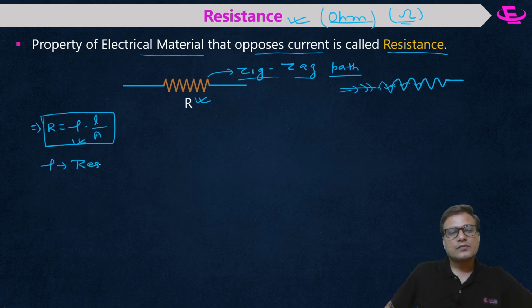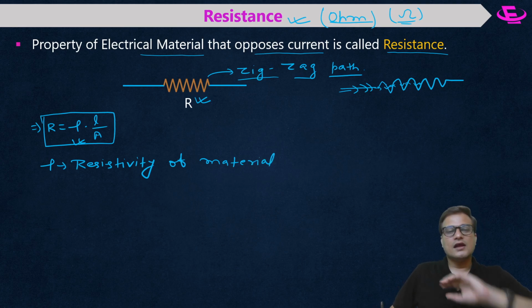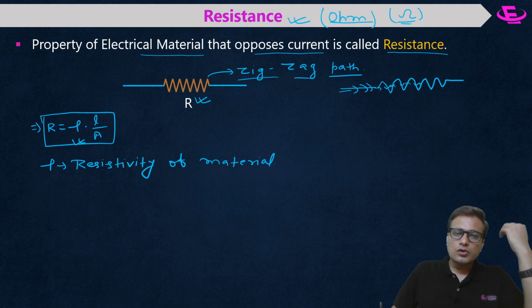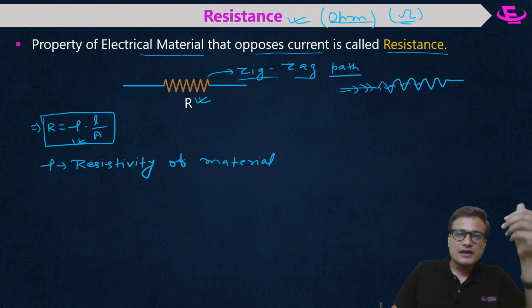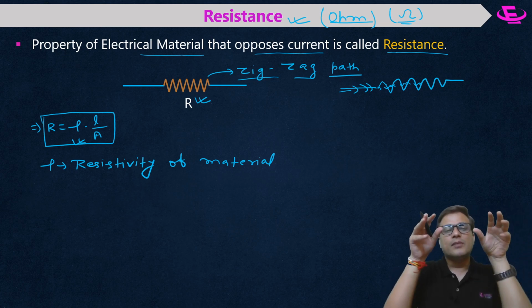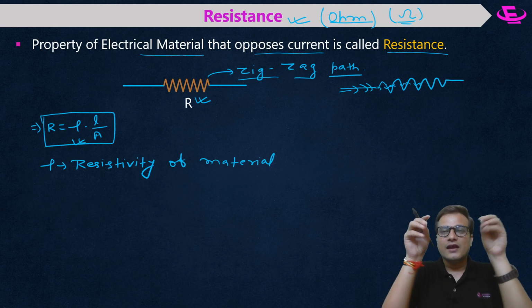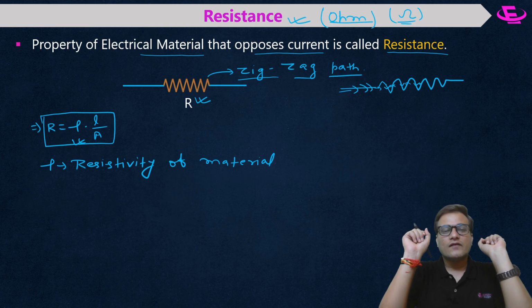Rho is called the resistivity of the material. What is the resistivity of a material? Resistivity is also a property of the electric material. Clear? So now if a material has some resistivity, then depending upon the length and area of cross section of the material, you can determine the value of resistance.